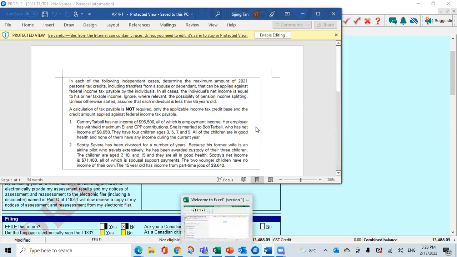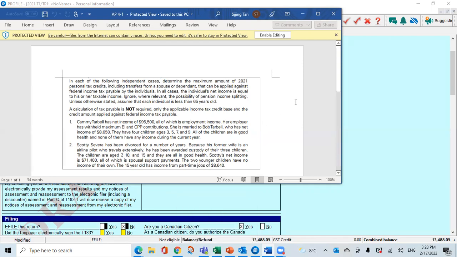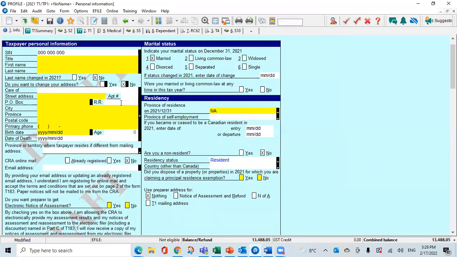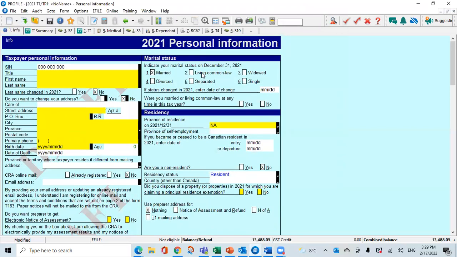To better understand, I opened Profile, which is a tax software used when you prepare your taxes, or if you go to H&R Block, they probably use Profile to do taxes. But that will be an easier way to explain the situation. I already started, so this is for 2021 personal information. What you need to do is enter the personal information.